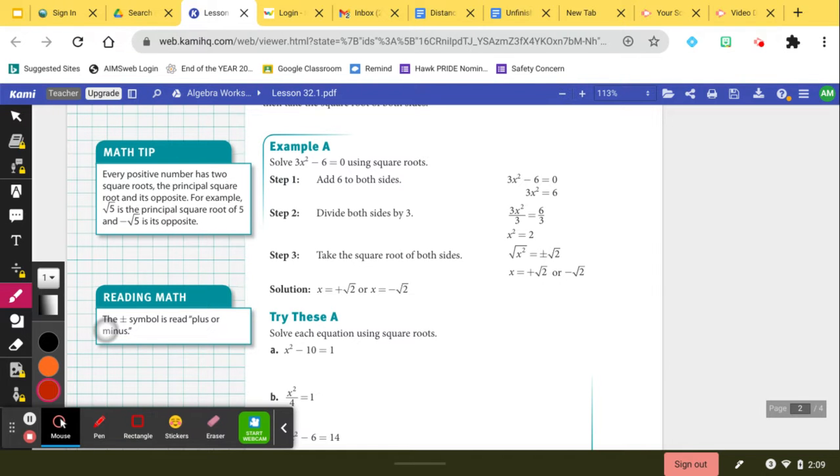And so that required us to undo in the order of SADMEP. And that was actually on the Cami one. So in order to get x on its own, I need to get the x squared on its own. In order to get the x squared on its own, I needed to get the 3x squared on its own. So I add 6 to both sides. Then I need to get rid of the times 3. So I divide by 3. So I get x squared is equal to 2.